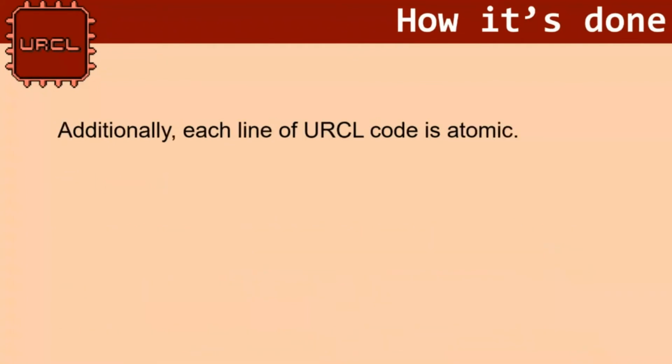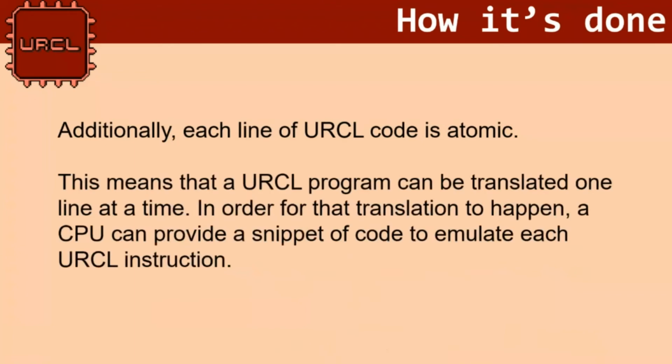Another thing to bear in mind is the fact that each line of code is atomic. And what that means is you can translate each line of a URCL program one by one, and there are no dependencies. So in a normal assembly language, you might have a calculation such as add, which could set a flag.